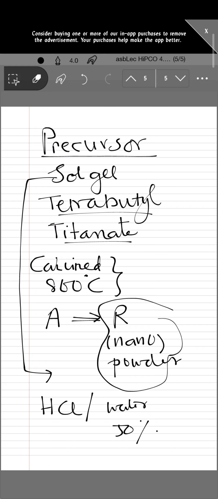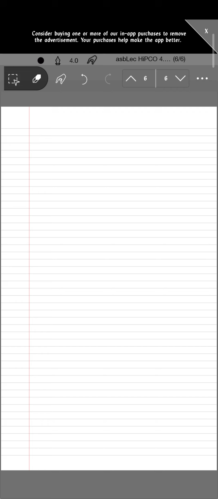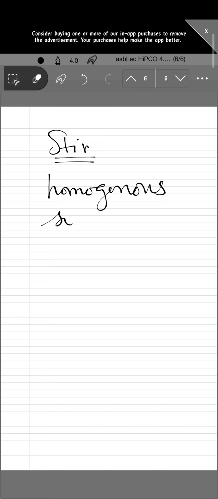And the next important step in the sol gel method is the stirring. This is also a very important step because the mixing is well and can lead to a homogeneous solution. Now, this homogeneous solution or the gel that we obtain after the stirring is dried in air.